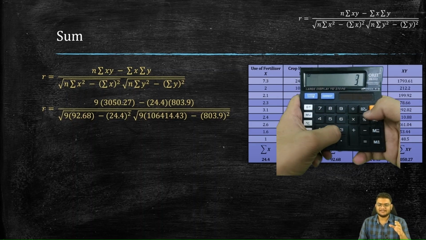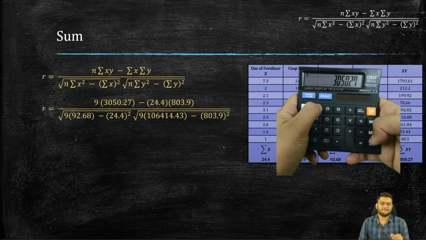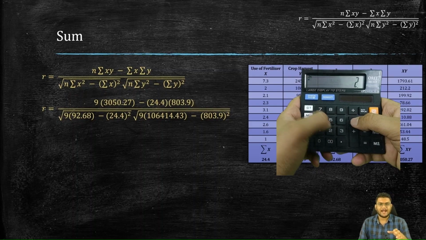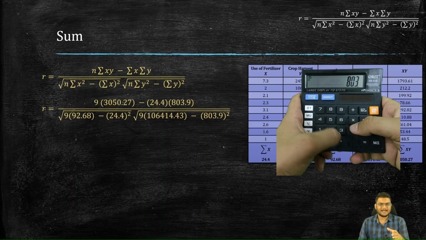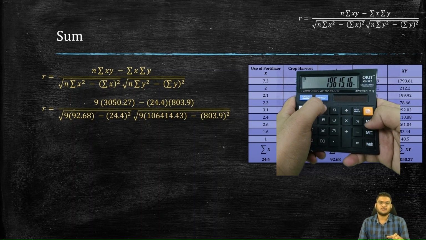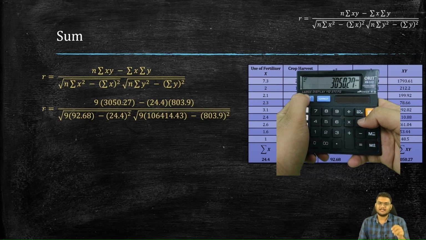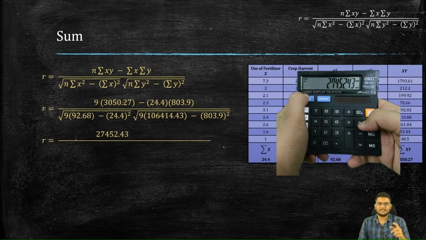9 multiplied by 3050.27 M plus and 24.4 multiplied by 803.9 M minus. Okay. Now press the check button 3 times, you will get this value, that is the multiplication of 9 and 3050.27, that is 27,452.43.